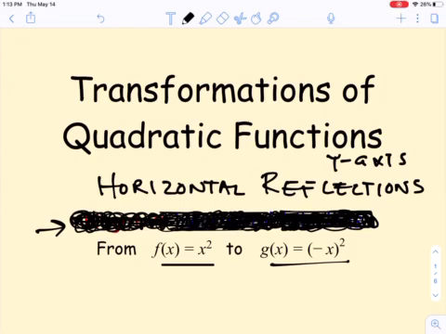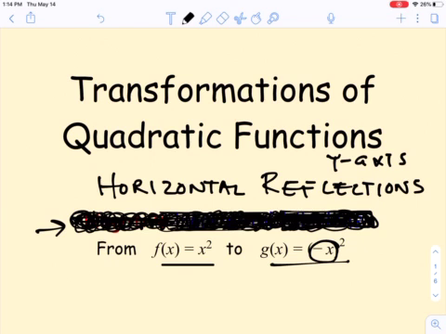So in the other ones, the negative sign is on the outside and it causes it to flip over the x-axis. But these examples are a little different and a little weird, because if you really analyze this and put the negative sign inside the parentheses and then you're squaring it, because it's a quadratic, it looks like it doesn't change it at all.